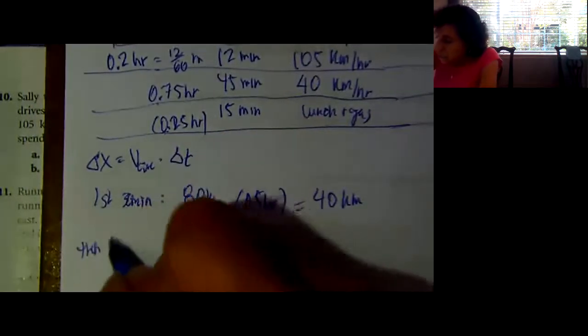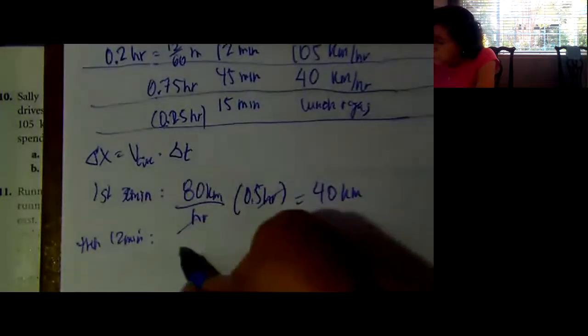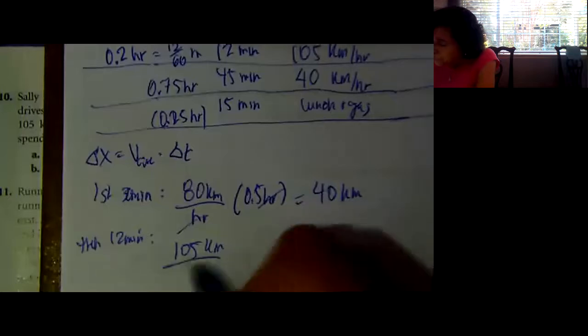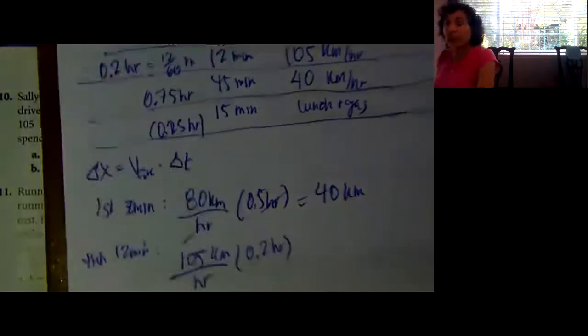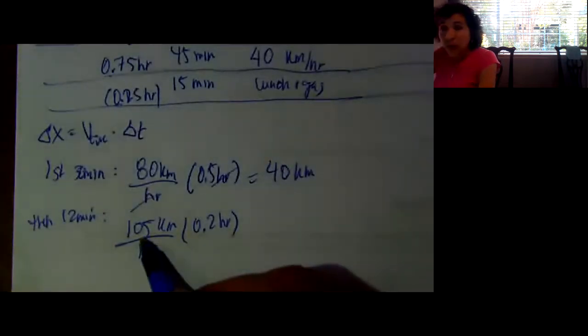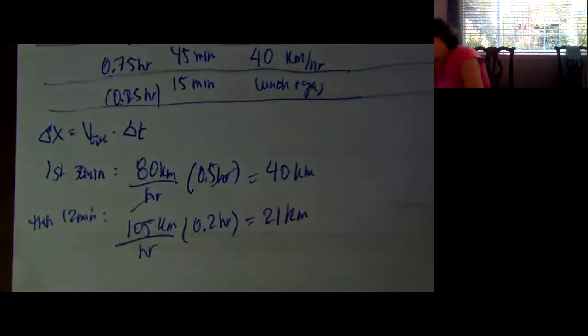Then 12 minutes, how far did she go? I know that's 105 kilometers per hour, and she went for 2/10 of an hour. I always try to avoid a calculator when I can. I know 0.1 is 10.5 and 10.5 plus 10.5 is 21. You can use your calculator: 105 times 0.2, you get 21 kilometers.